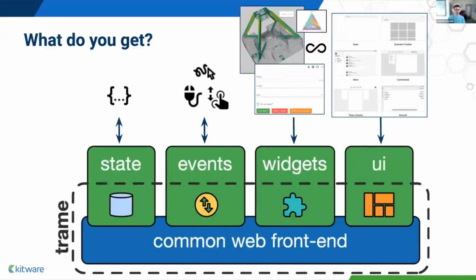That's basically what you get with Tram: those 4 big pictures where you describe your layout, you place widgets into the space, and then you start binding things with your Python code through events and states.